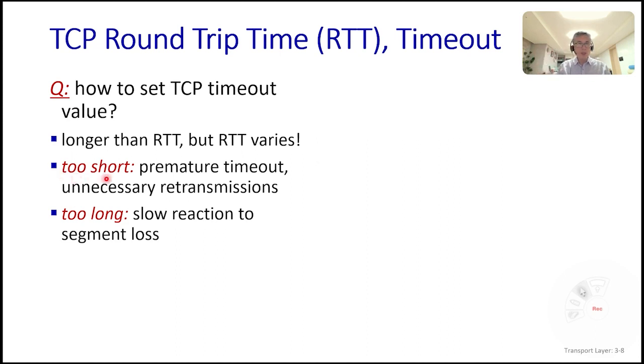If the timeout is too short, premature timeout occurs, which means unnecessary retransmissions are caused by this premature timeout. If too long, there is a slow reaction to TCP segment loss.